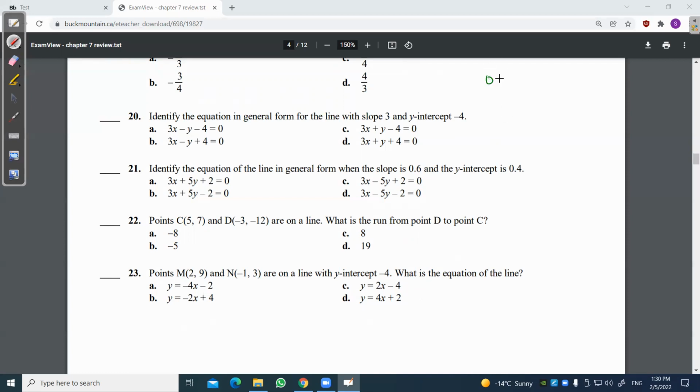So 0.6 is the same thing as 6 over 10, right? What does 6 over 10 reduce to? 3/5. Yes. 0.4, what is that as a fraction?